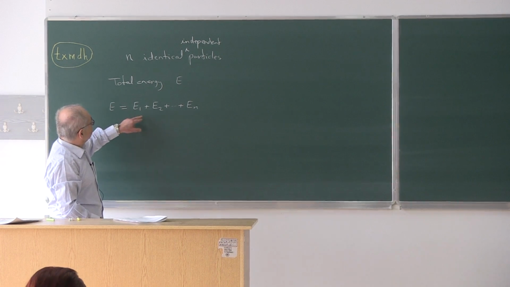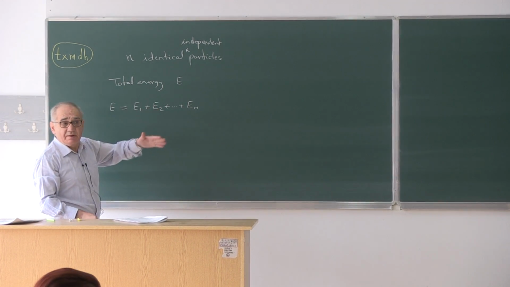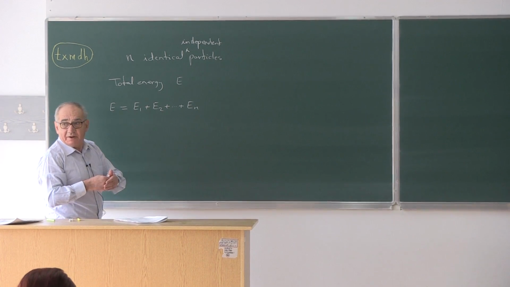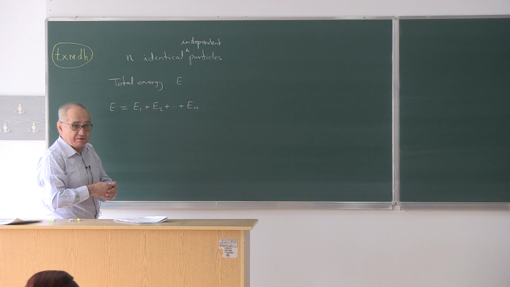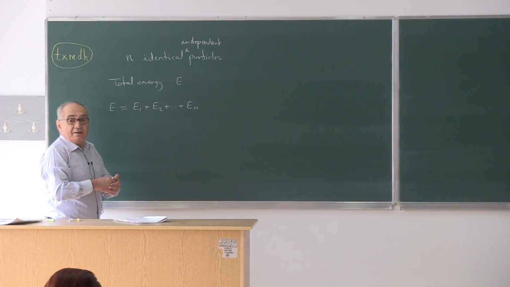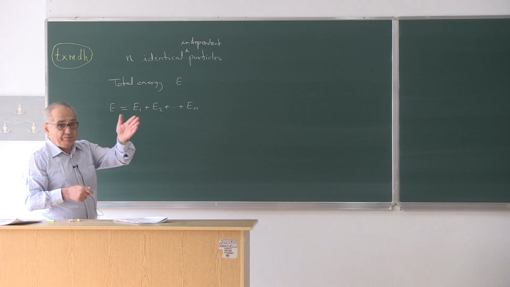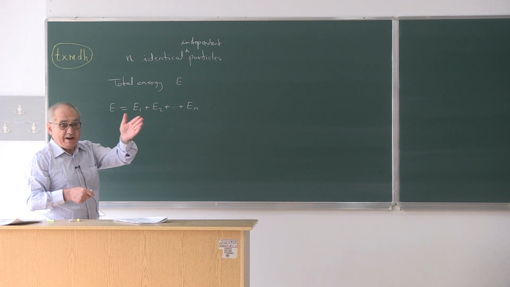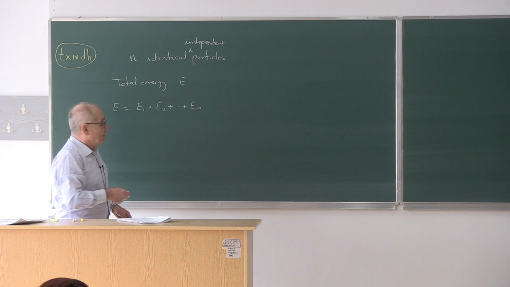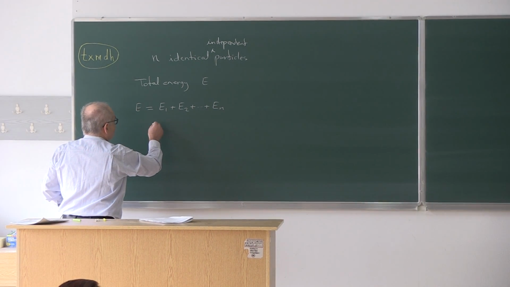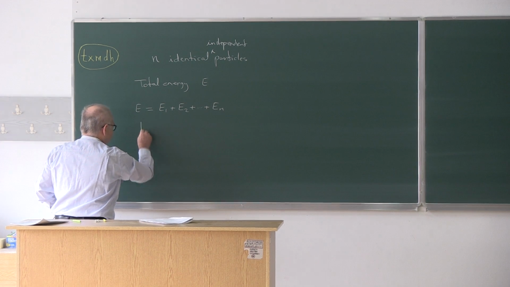Now, in general, the particles could be different types of particles. That means each particle may have a different set of energy levels. So let us indicate some of them.